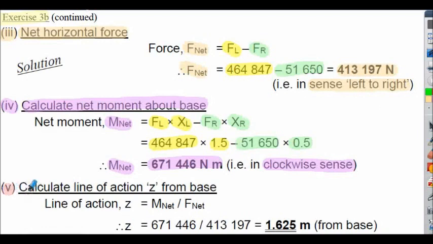Finally, part 5, we've got to calculate the line of action, label it as Z here, from the base. So Z is equal to M net, calculated above, divided by F net, also calculated above. Again, inserting the values, we calculate the distance from the base of the line of action of the net force. So a slightly more complicated solution, but hopefully you can follow the steps.